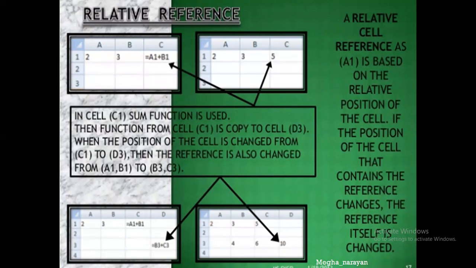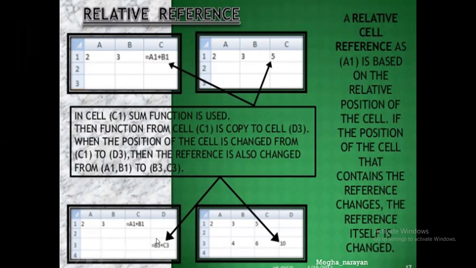A formula always starts with an equal to sign, and therefore the formula is written like A1 plus B1. That means 2 plus 3. What will you get as the answer? 5. Now the same formula I am copying to another cell.